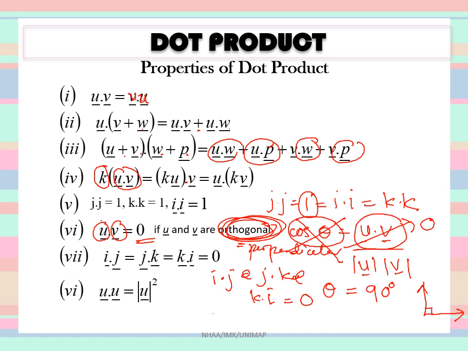But if you dot product the same component, this will give you 1. i dot i, j dot j, k dot k are all equal to 1. But for different components, it is 0. And when you perform dot product of the same vector, that is equivalent to the magnitude of that vector squared.